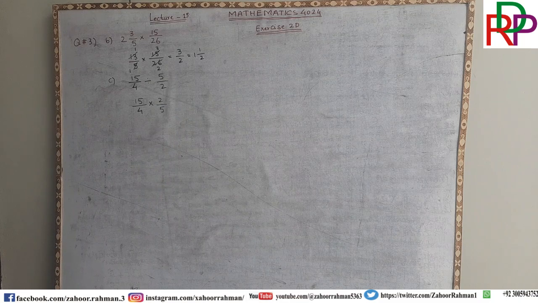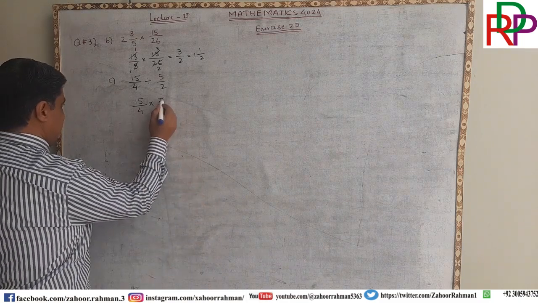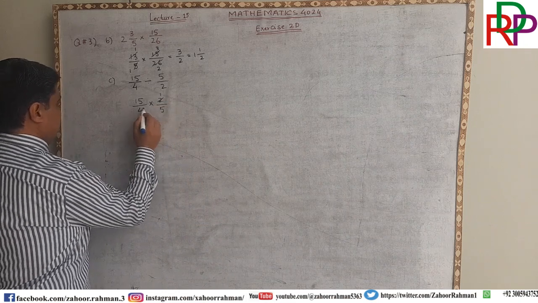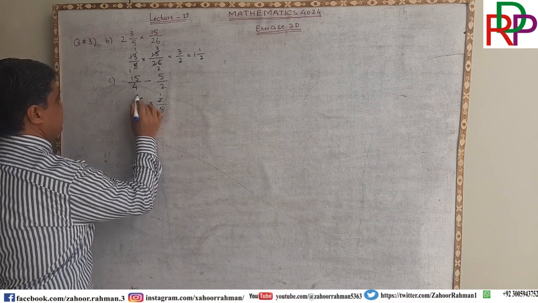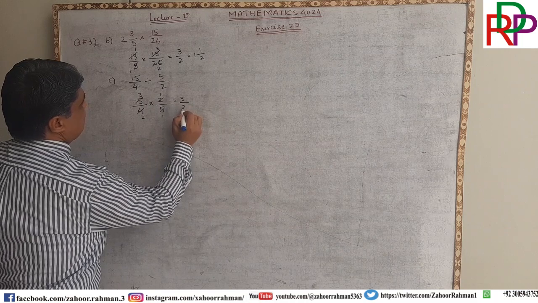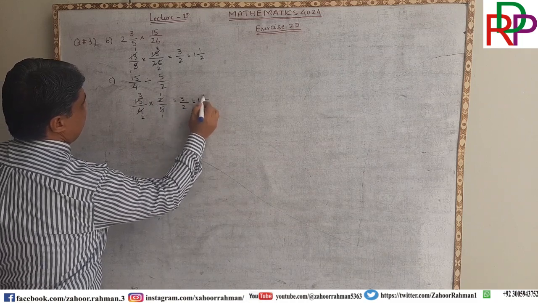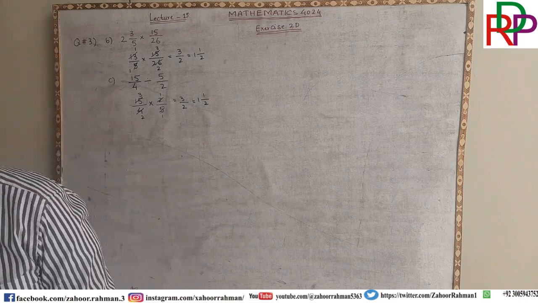This is the method. I am not saying it from my own side. Now you can cut: 1, 2 ones are 2, 2 twos are 4, 5 ones are 5, 5 threes are 15. So that is equal to 3 divided by 2, which is again 1 whole 1 over 2.